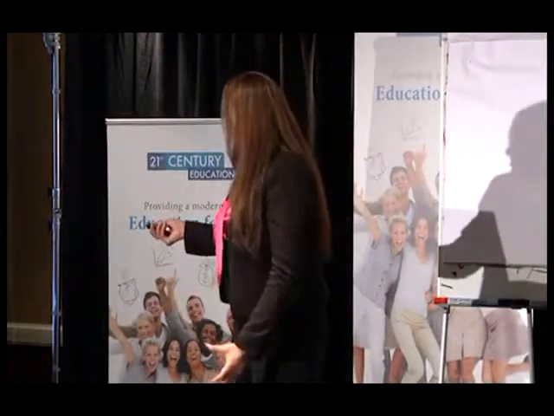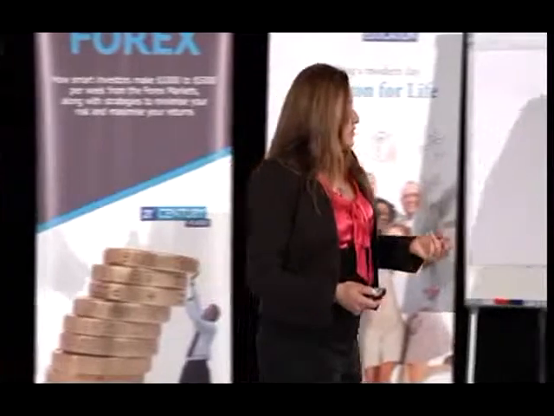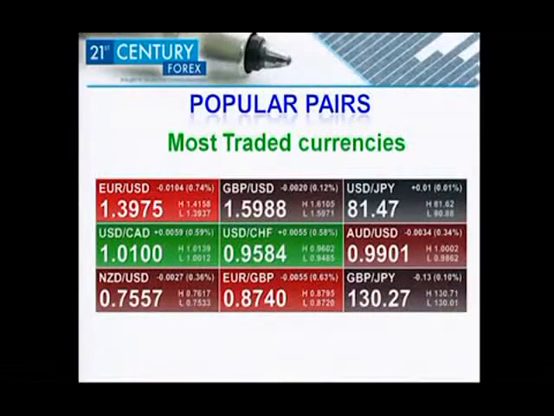Now, the pairs: anything euro is good, anything US dollar is good, because they're normally paired with other currencies. These are the most traded ones: the euro and US, the British pound and US, the US yen, US Canadian, US Swiss franc, US Australian, and so on.